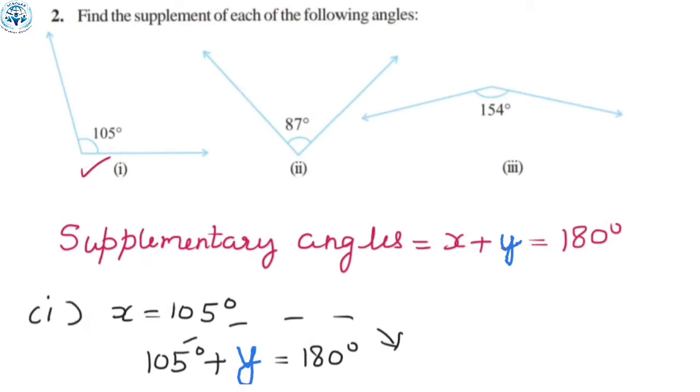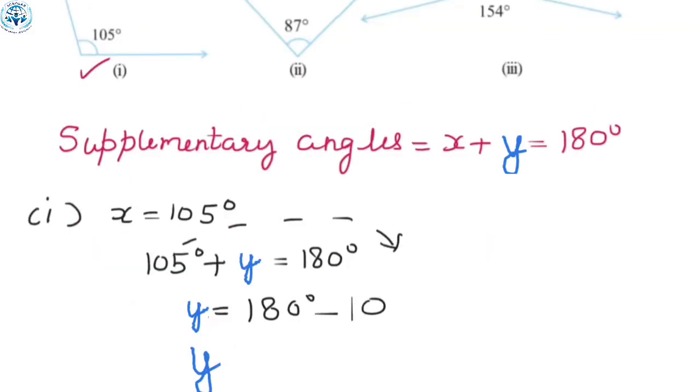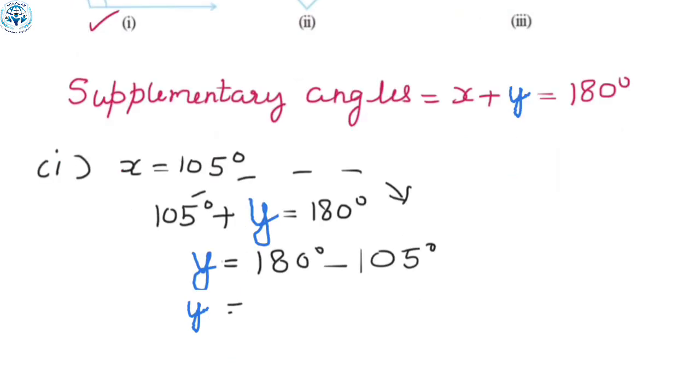To find out the supplement, we have to find out the value of y. The value of y is 75 degree. So, the supplement of the angle 105 degree is 75 degree.